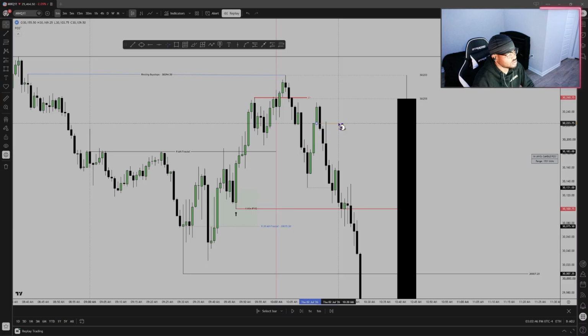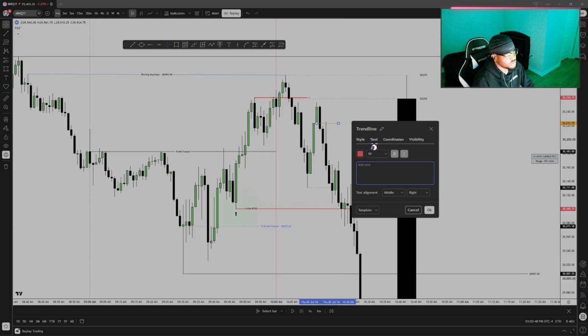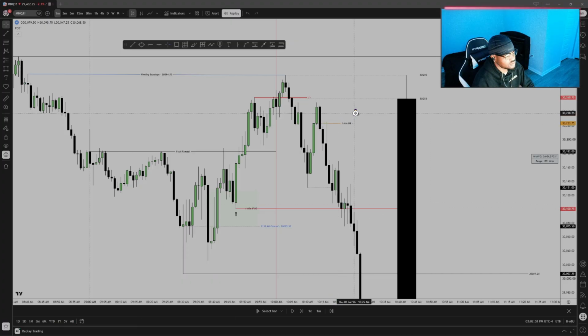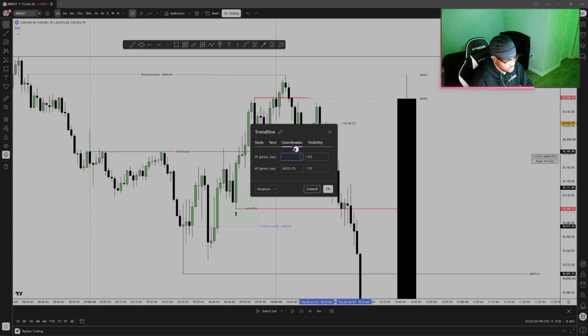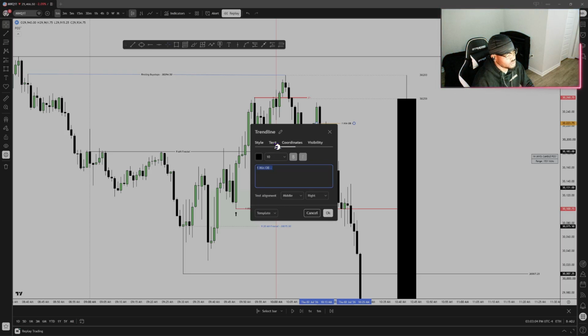So it comes right here to this 1 minute ORB. And this is at 3223.75.